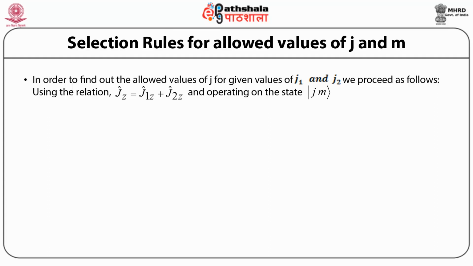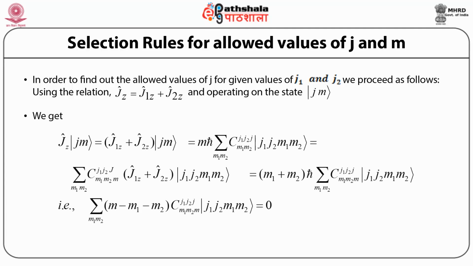Using the relation operator Jz is equal to operator J1z plus operator J2z and operating on the state ket JM, we get operator Jz acting on ket JM is equal to operator J1z plus operator J2z acting on ket JM, which is simplified to obtain M times h-cut into summation over M1 M2 C coefficient which depends on M1 M2 J1 J2 J into ket J1 J2 M1 M2.